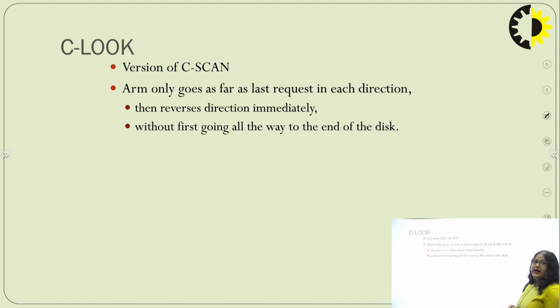Now the C-LOOK. It is a version of C-SCAN and it only goes as far as the last request in each direction and then reverses directly without going all the way to the end of the disk, because that creates overhead. So C-LOOK doesn't create overhead for scanning.